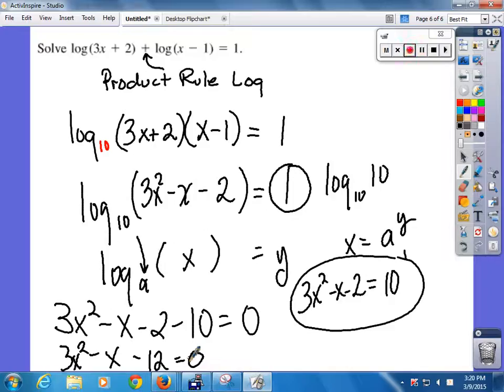Okay? And what does that come out to be? 3x, and let's see, 12 can be 3 and 4. No. 6 and 2.